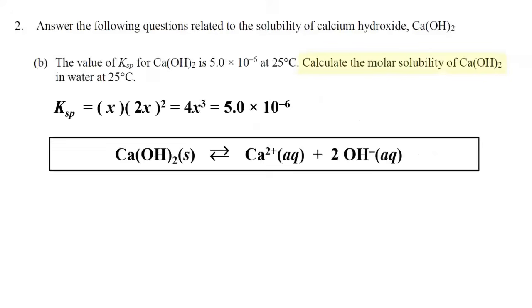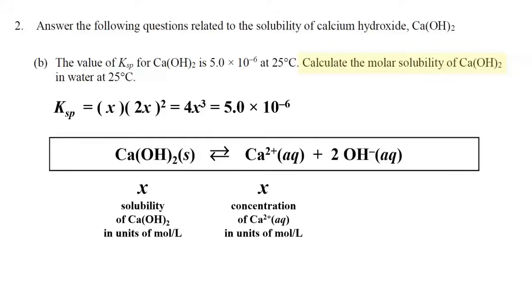So this is our equation for the dissolution of calcium hydroxide. X would represent the solubility of calcium hydroxide in units of moles per liter. X would also represent the concentration of calcium ions in units of moles per liter. And the concentration of hydroxide ions in units of moles per liter would be 2X.